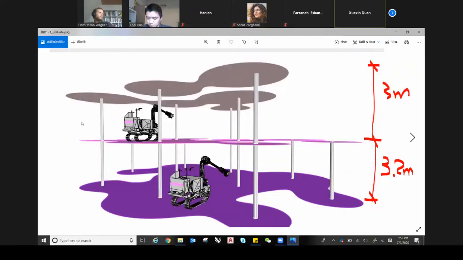For yesterday's progress, first we evaluated the whole space, whether the robotic arm can move around, and it's all reachable, luckily. The space height is 3.2, which I think is a good range for the robotic arm. This is a close-up.